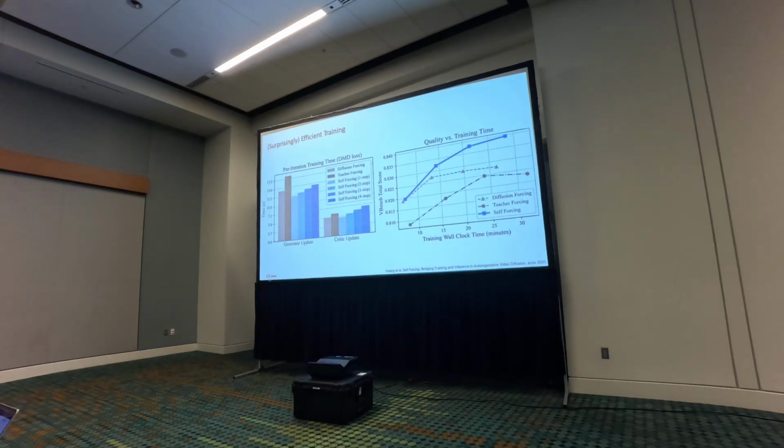You might think that this kind of mimicking or unrolling that we're doing during training is very slow, but actually it's not that slow. We still process a lot of tokens in parallel, so there's a lot of parallelism left to be exploited, and the overall method is not slower than CausVid, for example, which is the diffusion forcing you can see on the left in gray color.